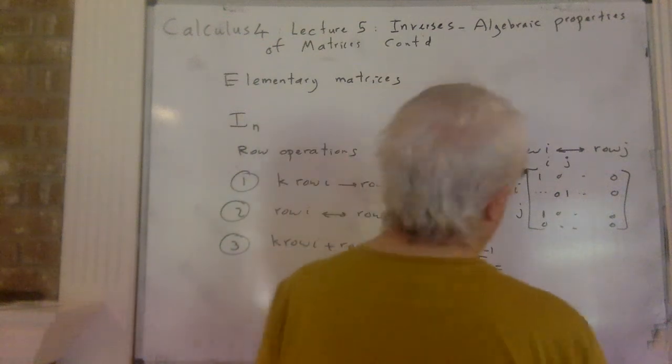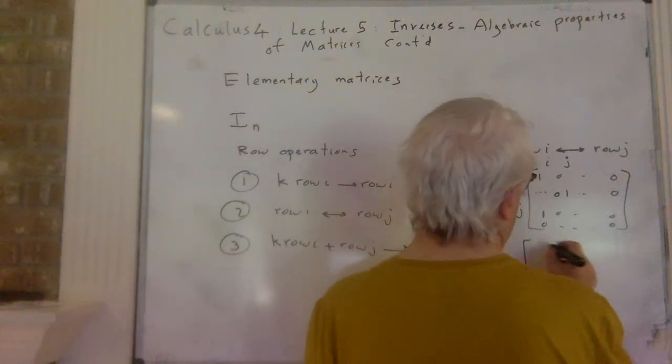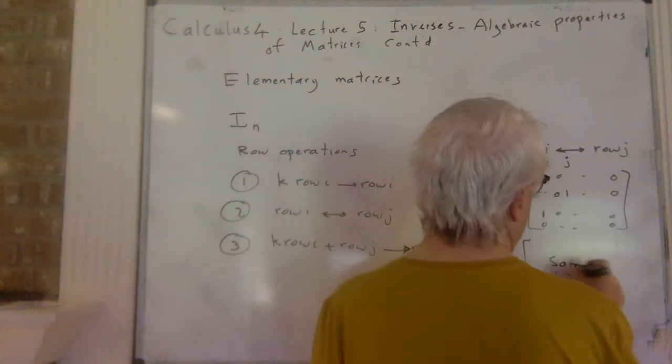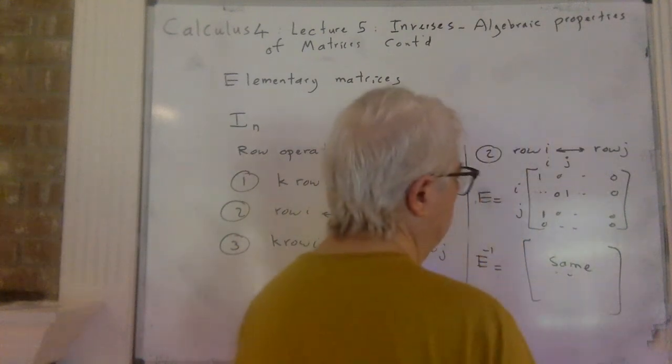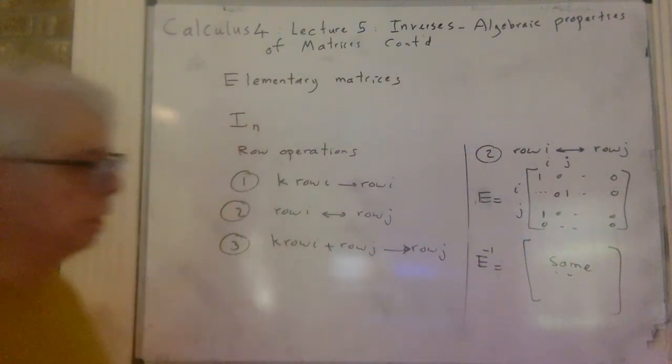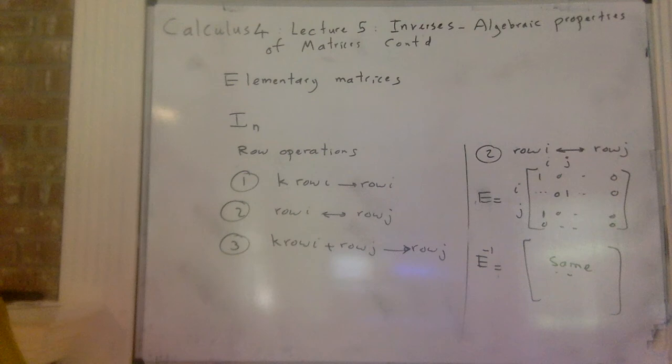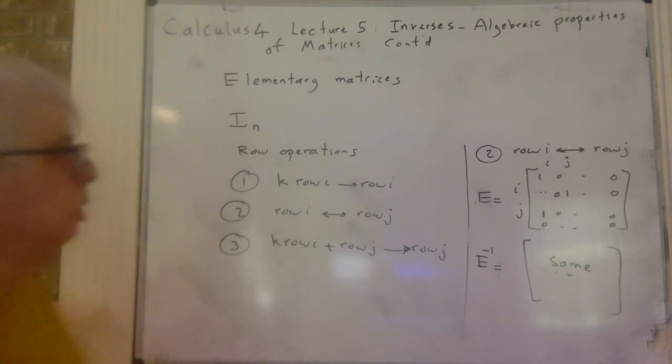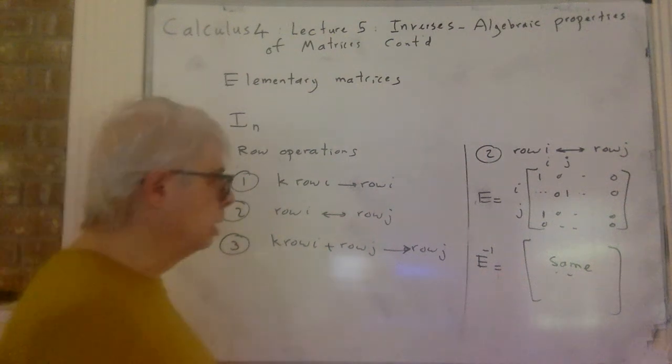So the inverse is the same thing. Same. Right? And you are getting some idea here that when you do some row operation, it's like multiplying a matrix by one of these elementary matrices. That is in fact what I'm trying to get to.